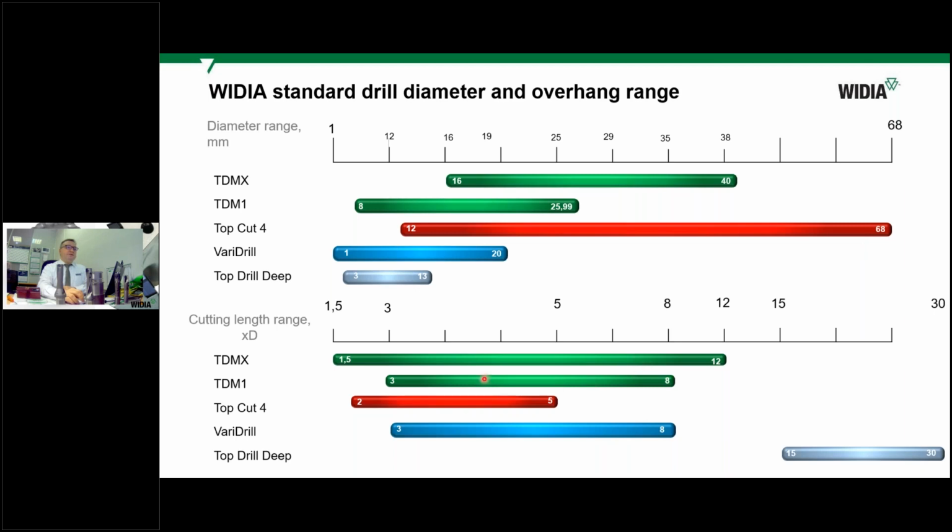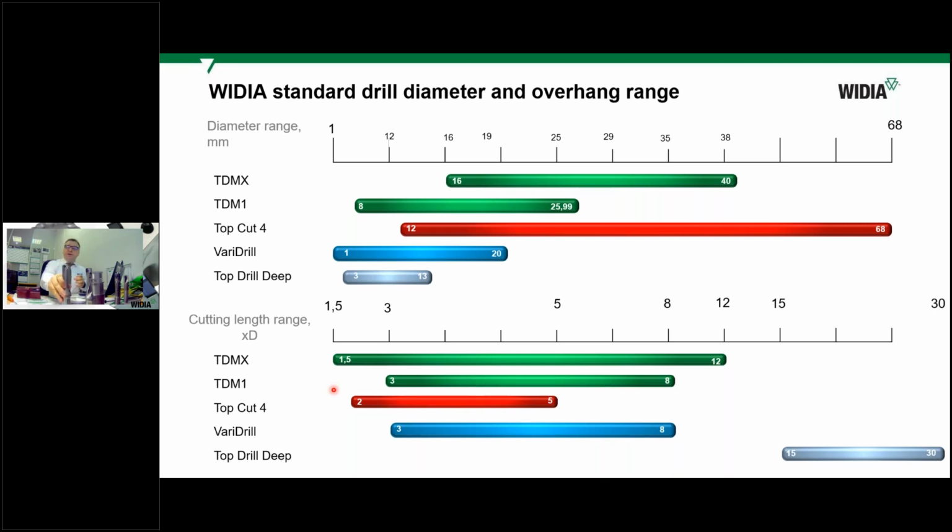In the depth of holes, we don't have such a wide range of drill length, but that's only concerning the standard assortment, because as specials we can produce it from 8 millimeter diameter and more and more. But the design of the drill will sometimes be changed completely, because we need some other carbide elements inside, which will play the role of the margin.